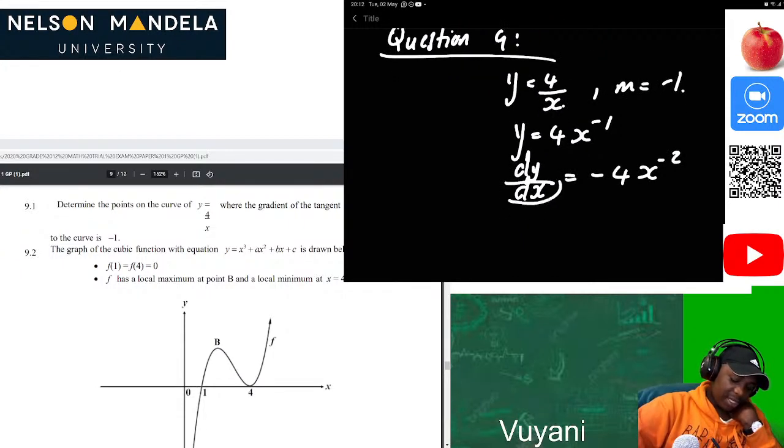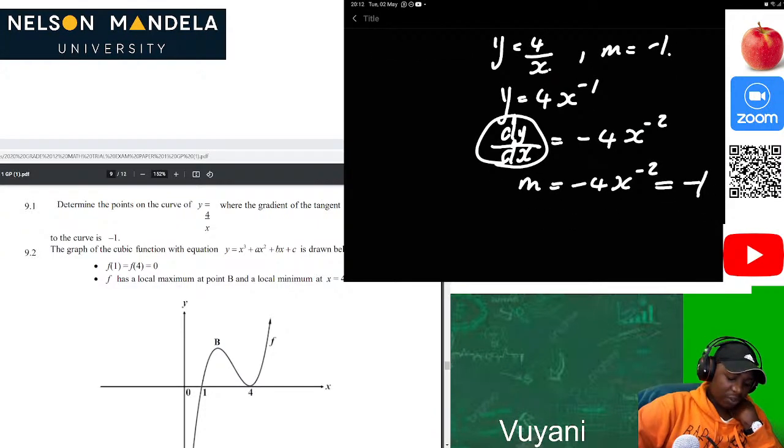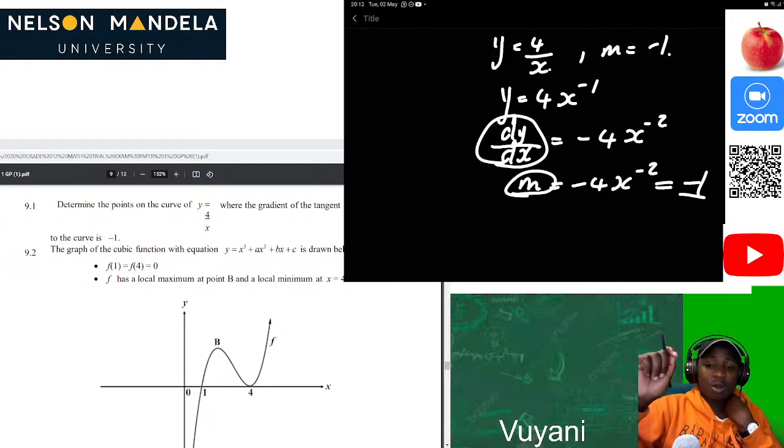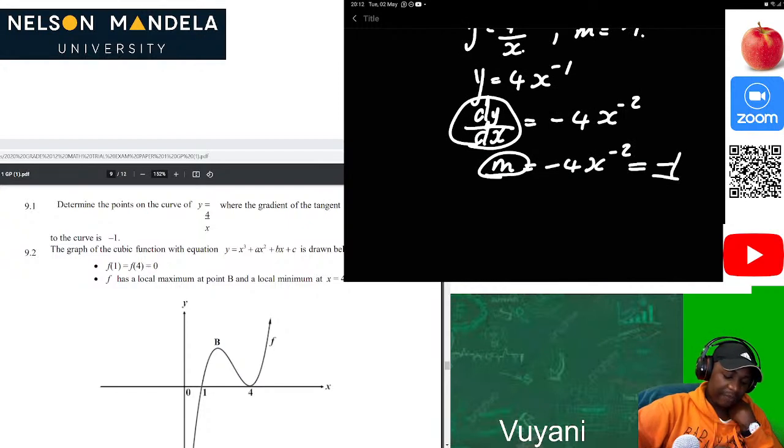Then they told us this gradient is equal to negative 4x to the power negative 2 equal to negative 1. Because they told us the gradient is equal to negative 1, and you know that dy over dx at that specific x coordinate is the gradient of the curve.